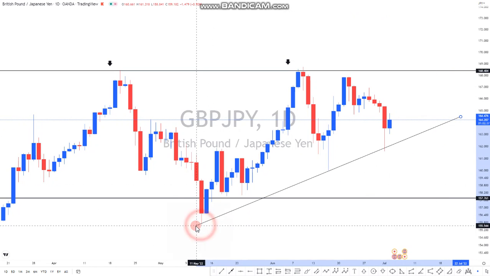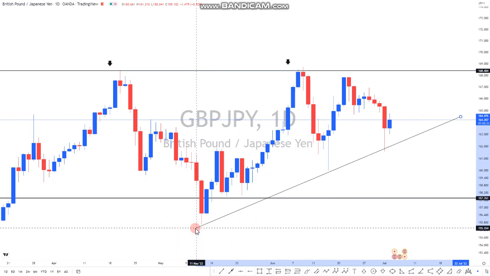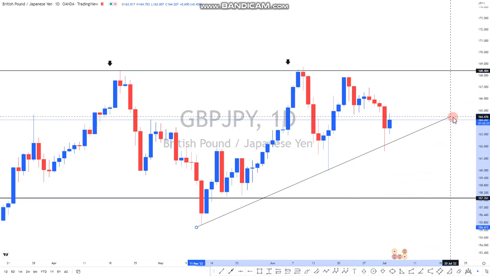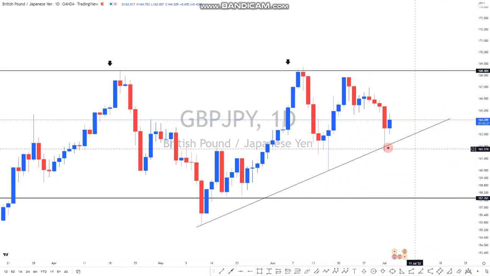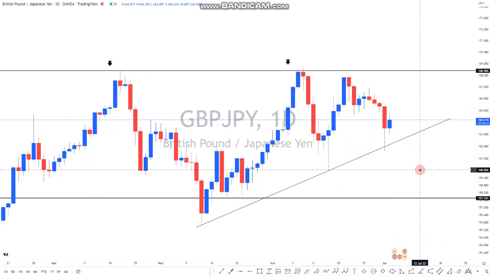Kama unaweza kuona lows zilikuwa touched vizuri. As you can see, this is a support trend. Wherever this trend was touched, the buyers took over the market, so that is a support trend.